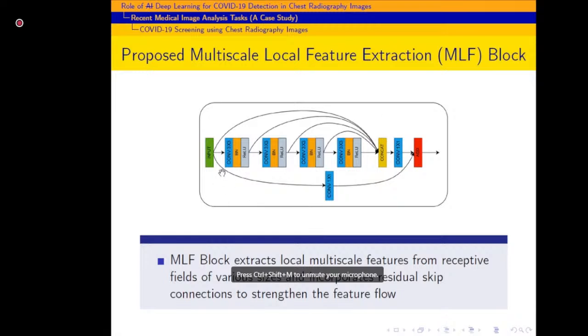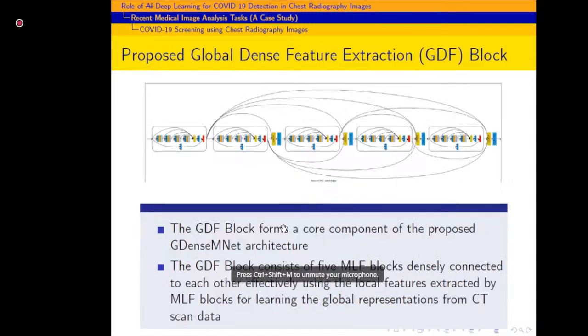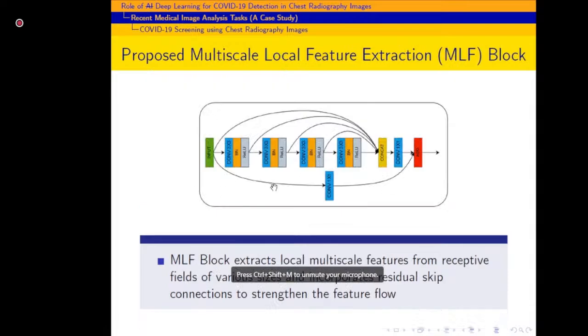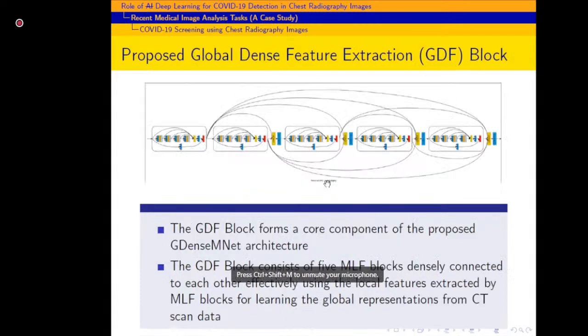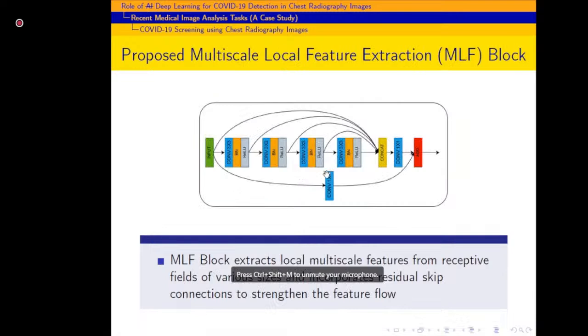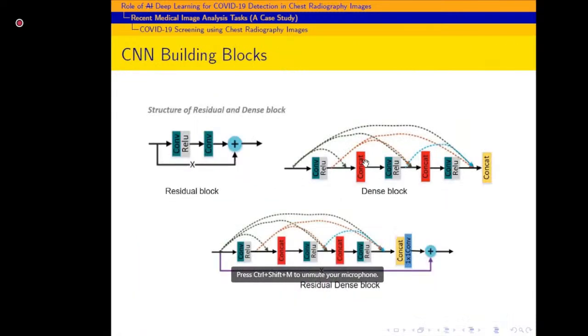The multi-scale local feature extraction block, this block. Initially we thought of simply combining these layers, and we did not get any interesting results from this. Then we thought of connecting these blocks globally, like they have connected locally.